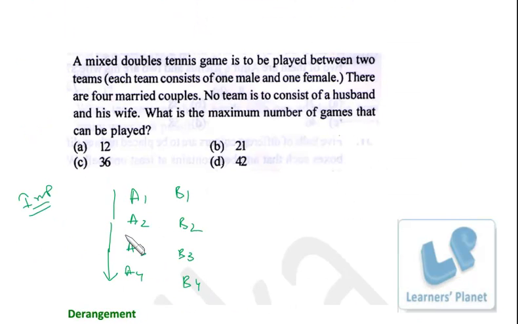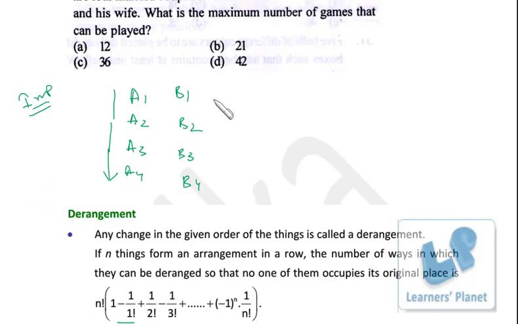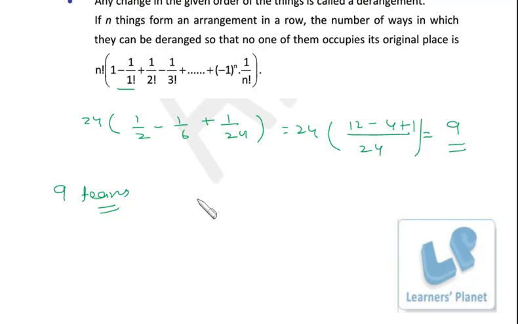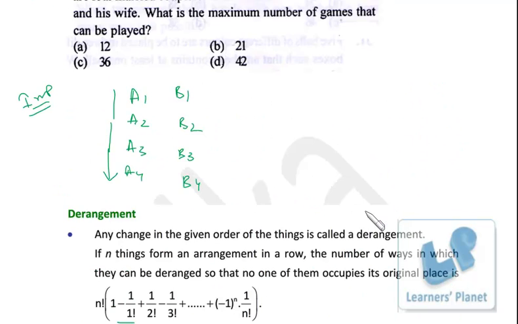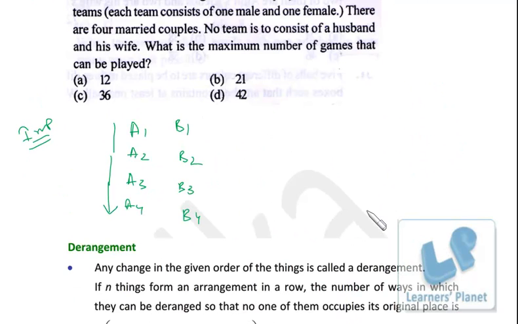And it is given over here: 2 teams are required for a single game. So in all we'll be getting 9C2 combinations. So 9 teams, choose 2, that means 9C2, that is 9 into 8 by 2, that is 36 games can be played, right?